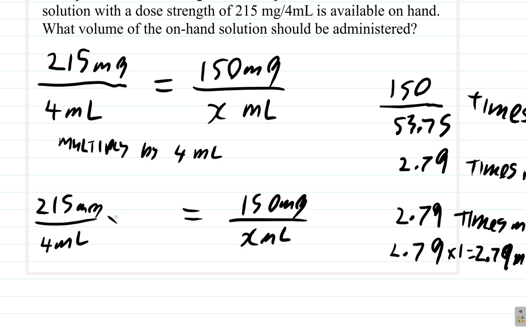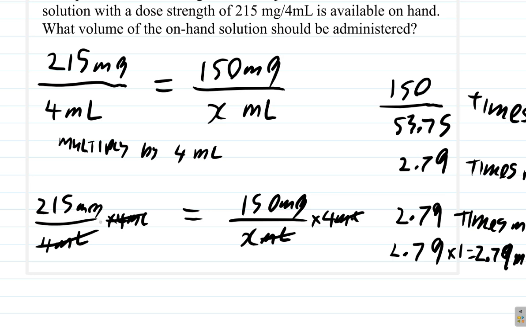When you multiply by 4 milliliters, 4 cancels 4. And multiply this by 4 milliliters as well. Now, you can see milliliter cancels milliliter. If you consider that, you're going to get X without a unit if you do that.